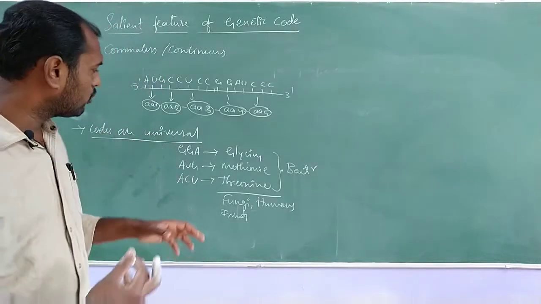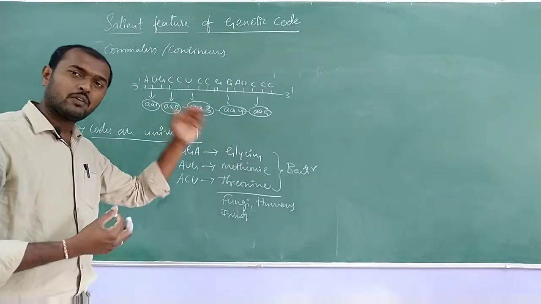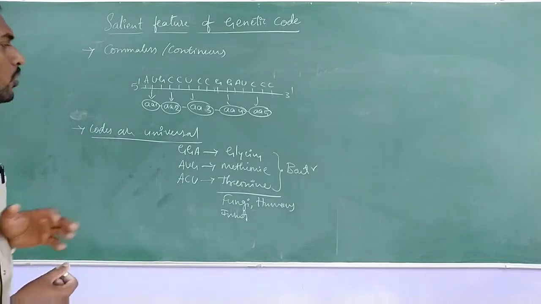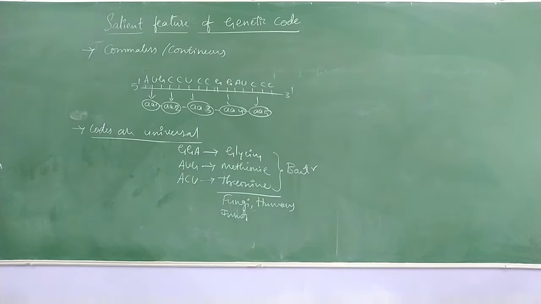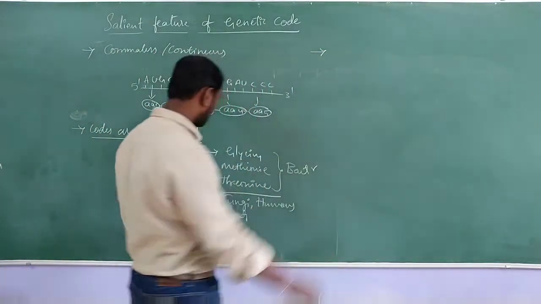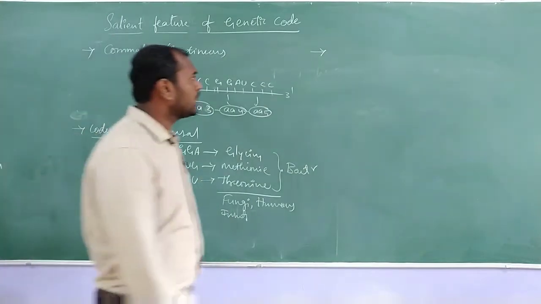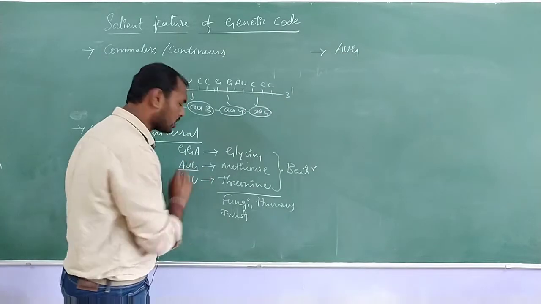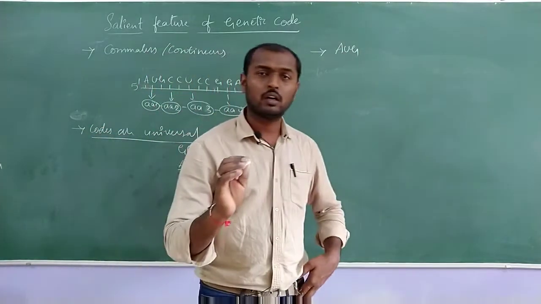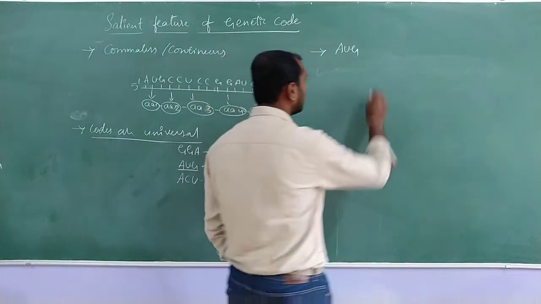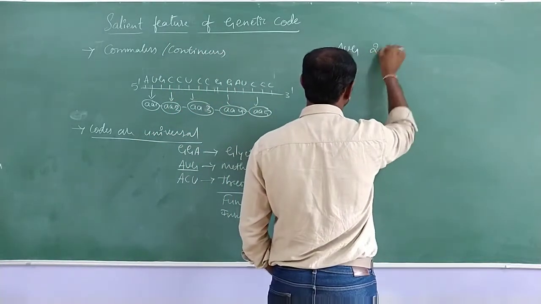If AUG codes for something in humans, in all organisms it is going to code that specific amino acid only. And the last property of the genetic code is the property of AUG: as mentioned in the genetic code, AUG has two functions.